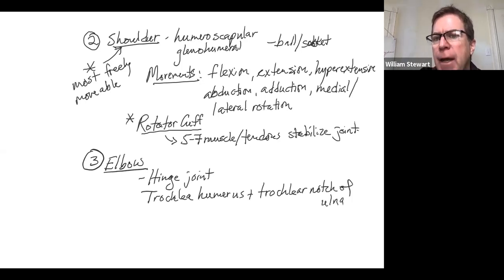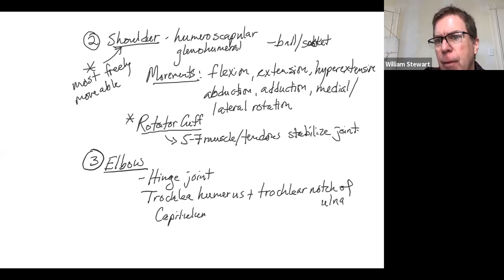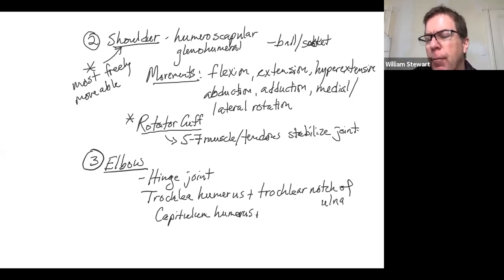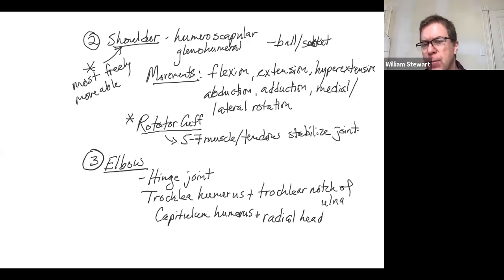There is some connection with the capitulum of the humerus articulating with the radial head, or the head of the radius. Those are most of the components of the articulation. This is, as you know, uniaxial.